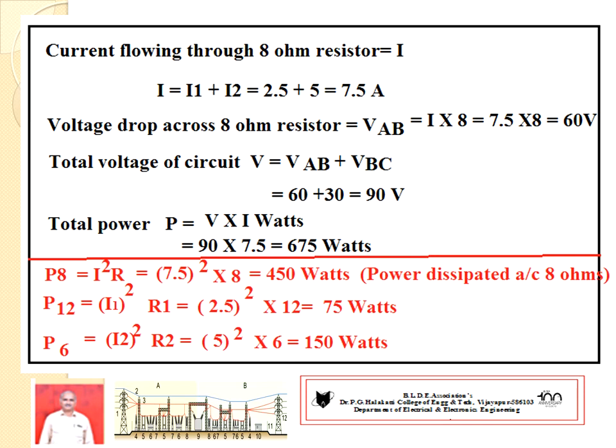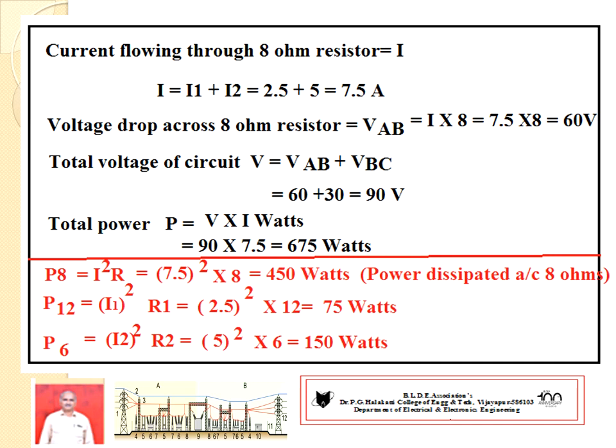Once I is available, you calculate the voltage drop across the 8 ohms resistor. I into 8, 7.5 into 8, it becomes 60 volts. We know the voltage drops VAB and VBC, so the total voltage of the circuit becomes the algebraic sum of these two. It becomes 90 volts. This voltage is the total voltage, and the already calculated current is the total current.